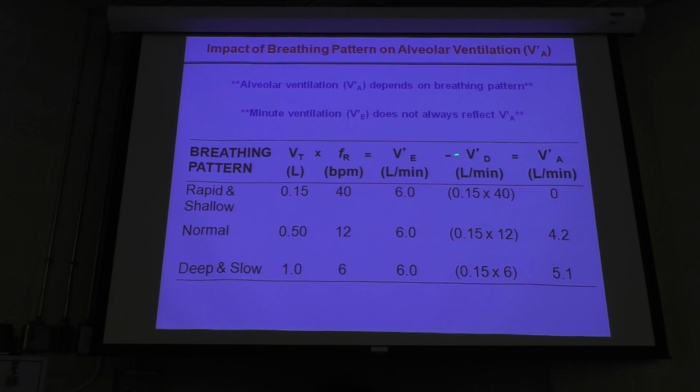But because the alveolar ventilation is the minute ventilation minus the dead space ventilation, you can appreciate here that if we have the same sum of anatomic and physiologic dead space, let's say arbitrarily it's 150 mLs, the influence of breathing rapid and shallow at this 6 liters a minute ventilation will result in a dead space ventilation of 6 liters, and therefore the alveolar ventilation will be negligible.